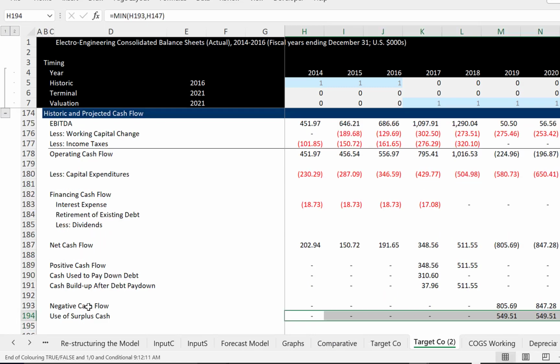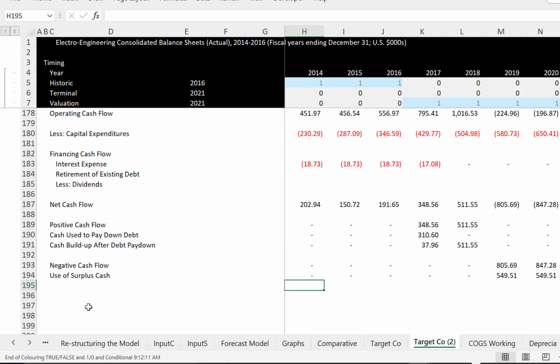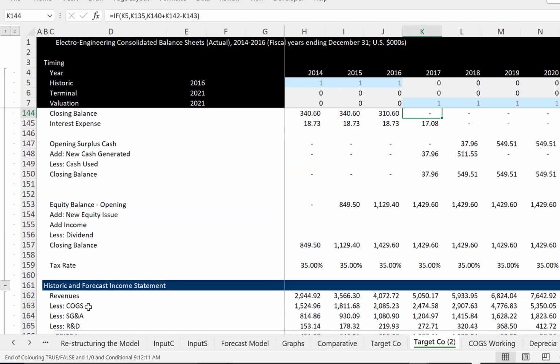Now, maybe you're going to pay a dividend, and you're going to maybe have some fancy little calculations for paying a dividend, and you can put that in, and that dividend's going to come out of here, or you're going to retire some existing debt. All that stuff can be before, but then you can kind of get it down to this action. But here we did this, and then we've got to go back, and I know it sounds like we're going back and forth and making your head spin, but it's really not that bad.